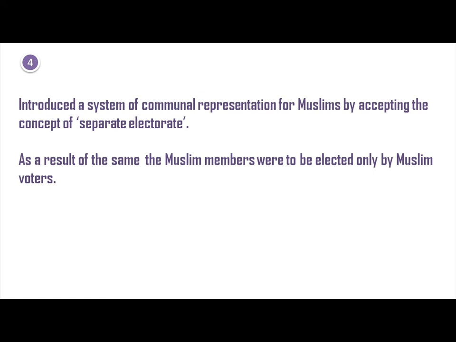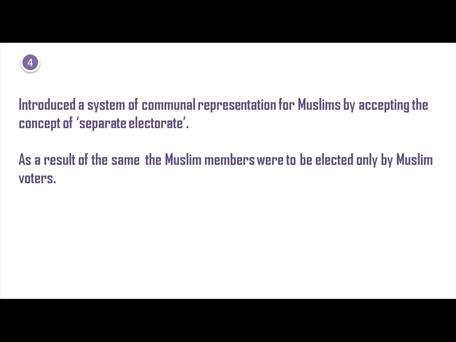The communal representation here means the Muslim members were to be elected only by the Muslim voters, right? So we in India today, we are electing our ministers or our prime minister, whatever the elections you go for, irrespective of the religion, we can vote. Any religion can select the representative.